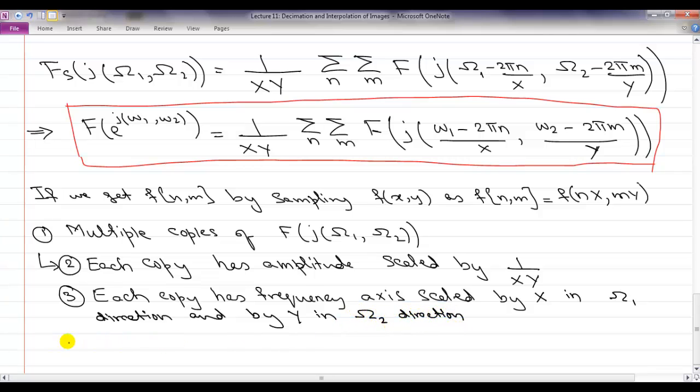And the last part is that after that scaling, we shift each copy by multiple of 2 pi.